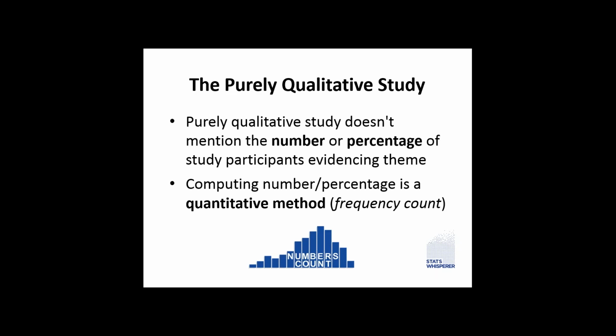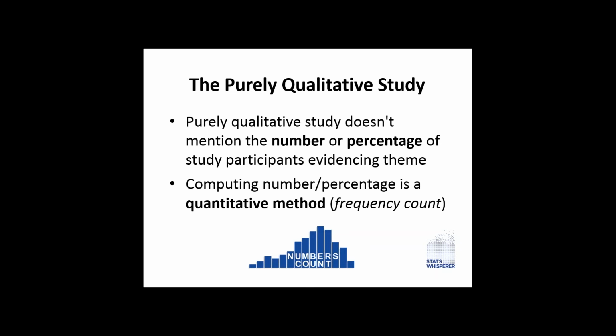Computing the number and percentage, right, of study participants that mention a theme is a quantitative method known as a frequency count, right? So a theme, one person says household bills, another person says household bills, one person says monthly bills. So out of 100, how many people gave data that was referent to worries about monthly household bills being related to depression?